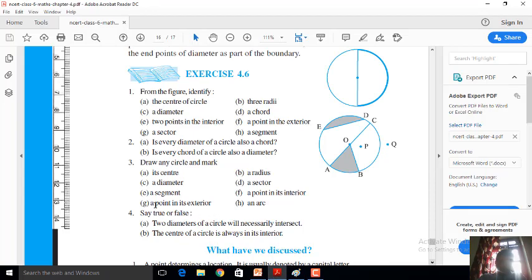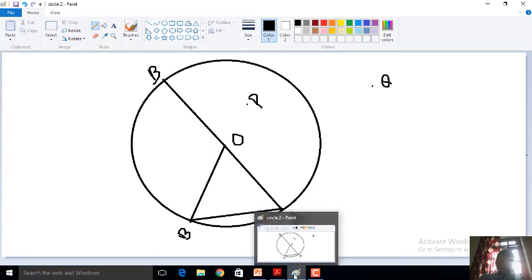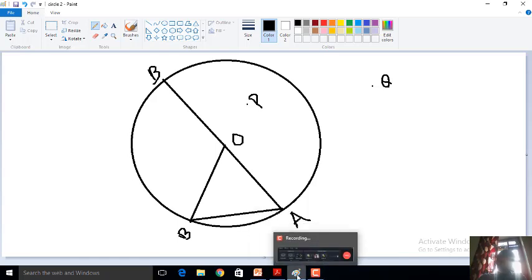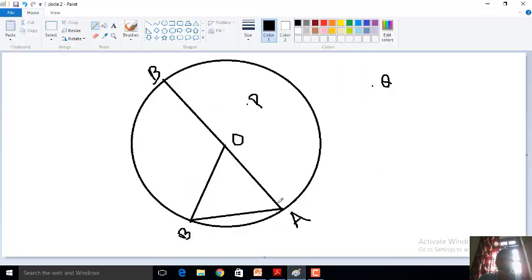Now I have to mark a point in its exterior. If I mark a point here, Q, then Q is a point that lies exterior of the circle. Now we have to draw an arc. I have already drawn arc AB. So this is an arc AB.